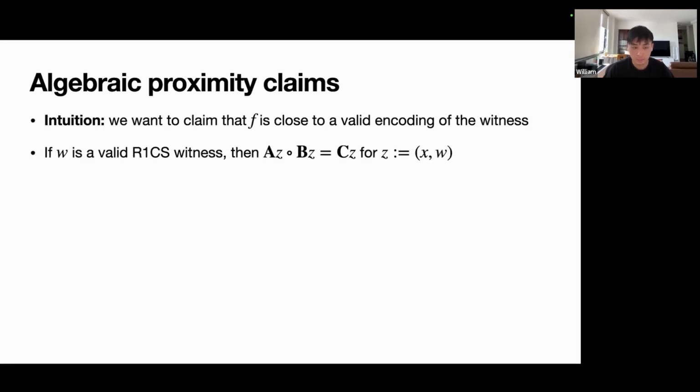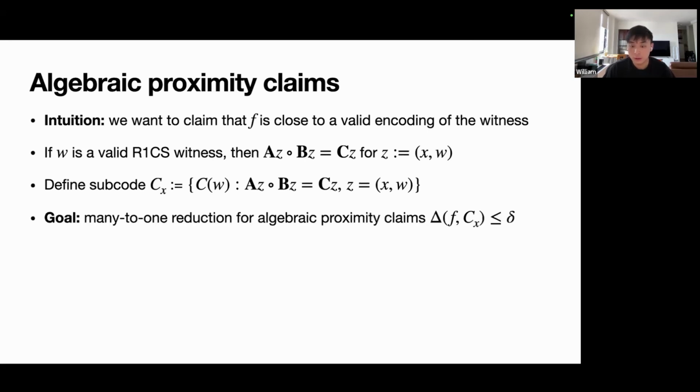Recall that W is a valid R1CS witness if this matrix equation holds, where Z is the concatenation of the instance and witness vectors. And we can define a subset of the code, which I call the subcode C sub X, which consists of all of the encodings of valid R1CS witnesses.